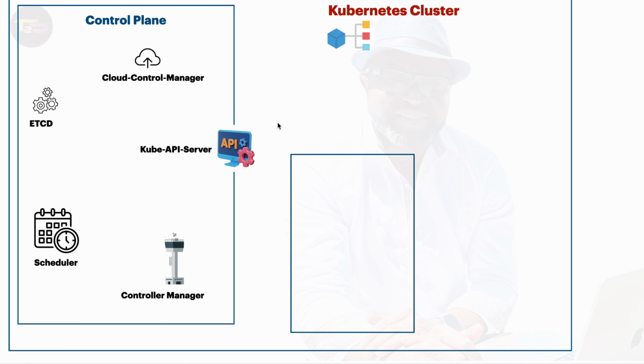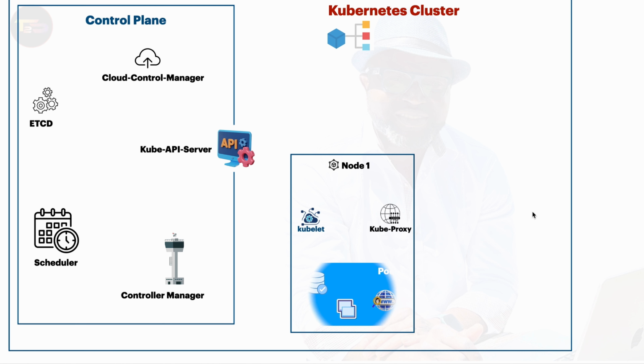And now, in addition to the control plane, you have the worker nodes. The worker nodes have the kubelet that allows the node. A node could be a virtual machine, or it could be a local machine like your computer.